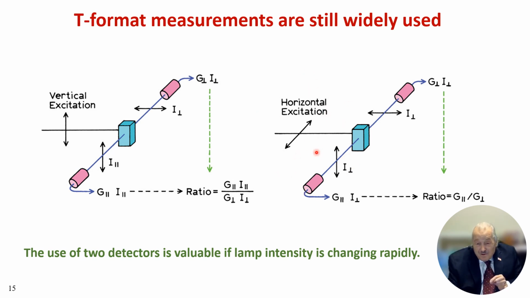First, you excite with horizontally polarized light. You get essentially a G factor for your T configuration, and you apply that when you do the excitation vertically. This method was used primarily when the incident light was not as stable as it is now, and it was valuable in correcting for intensity values in the incident light.